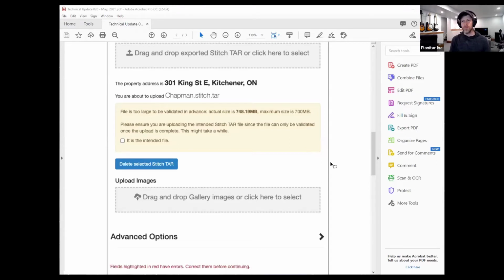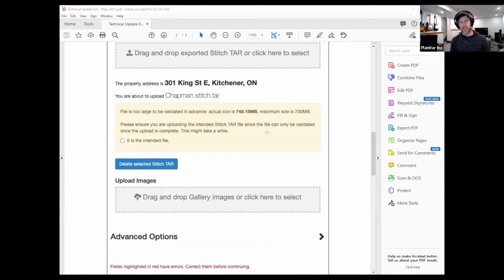So when you upload a tar file, this is specifically referring to the size, but that's obviously gone up. If you look here, you can see that it's checked the size. It's 748 megabytes. It won't allow it to be uploaded because the limit is 700. Well, the limit is gone. It's now 20 gigabytes, which is huge. But it gives you a little message. It says, hey, make sure you're trying to upload the right file.